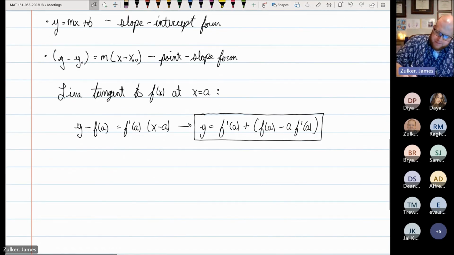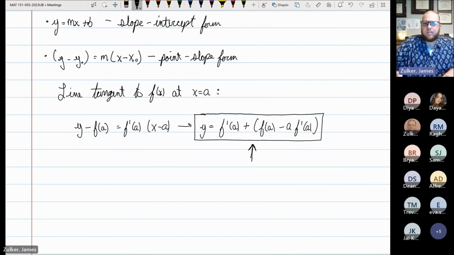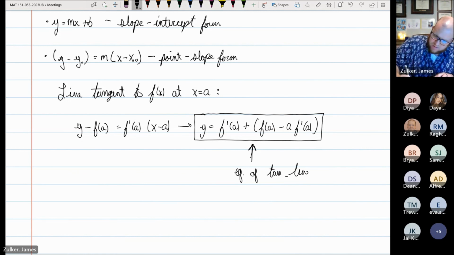Right, this is our equation of the tangent line.